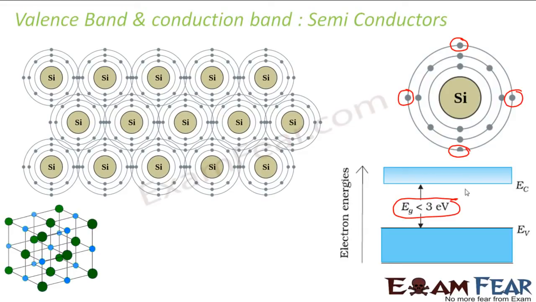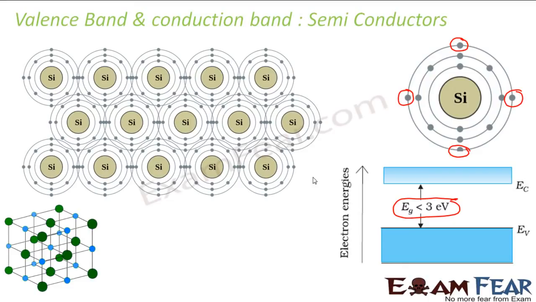It has been found that the energy gap in case of semiconductors is less than 3 electron volts. So this kind of energy band diagram exists for elements like silicon and germanium. And because of this unique property, silicon and germanium are known as semiconductors, because it is not that they are insulators; if you supply them a very little amount of energy, they can become conductors.